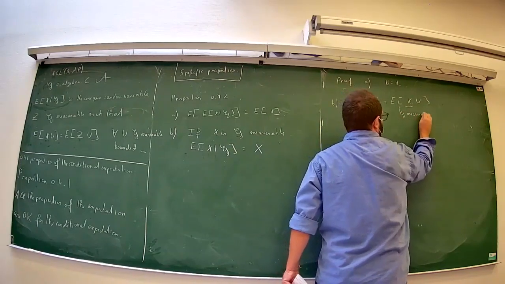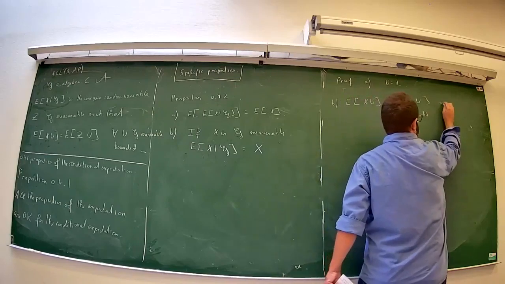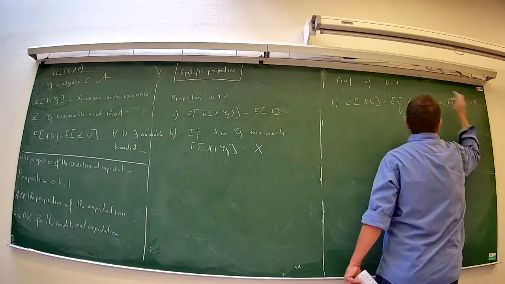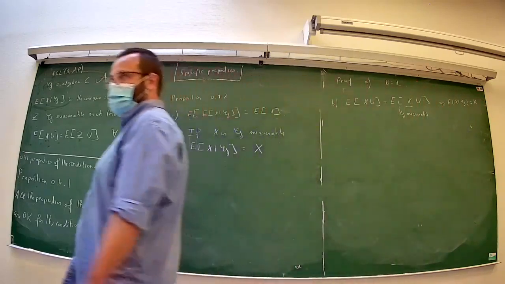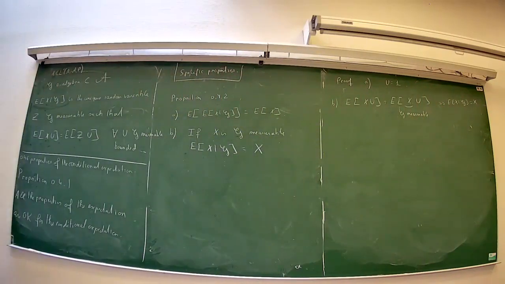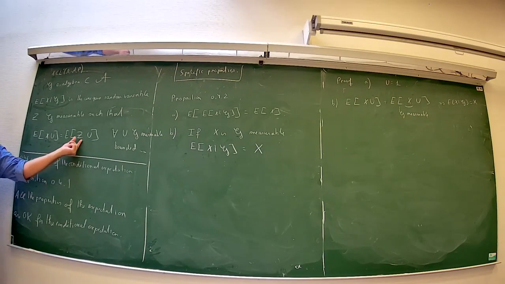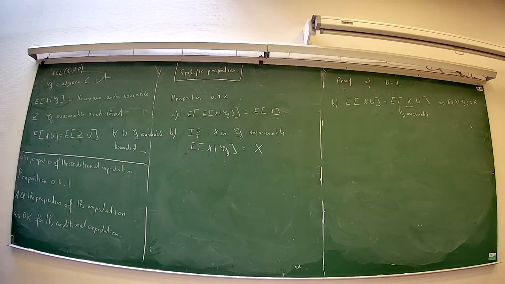By definition, the conditional expectation of x given J is equal to x itself because x is J measurable. Okay? The conditional expectation of x given J is the unique J measurable random variable fulfilling this one. If x is itself J measurable, taking z equal to x works. By uniqueness, it is necessarily the conditional expectation. Okay? I have this.